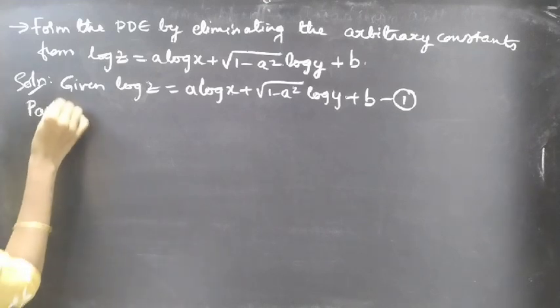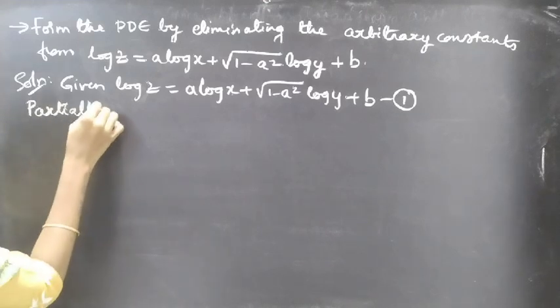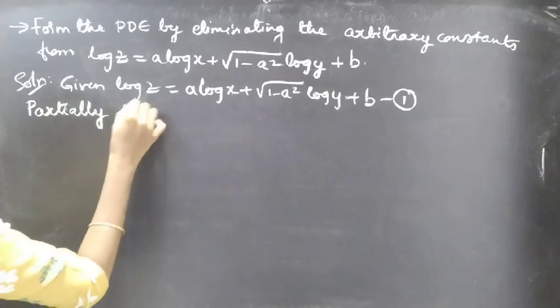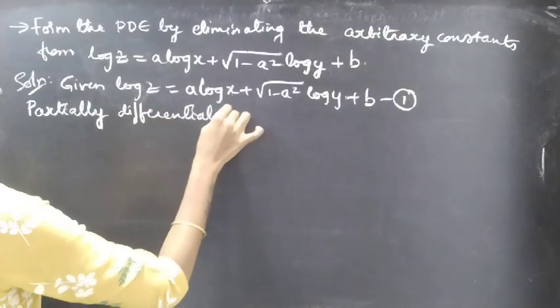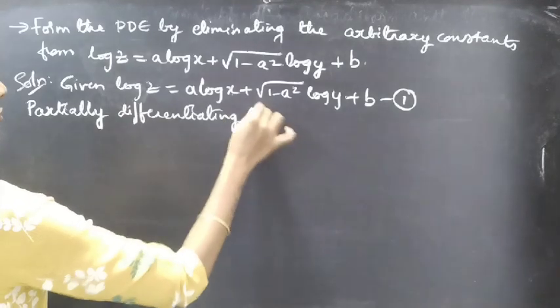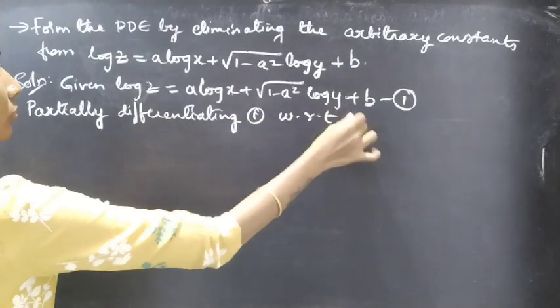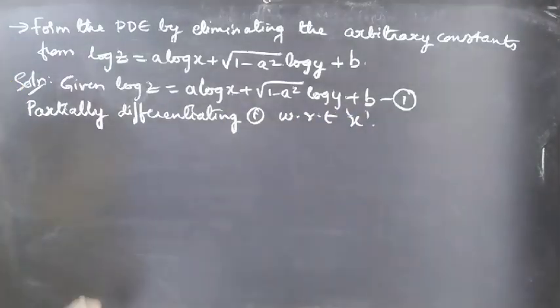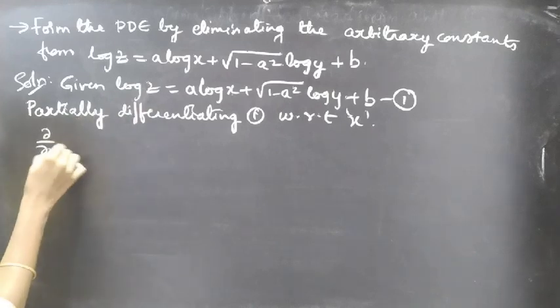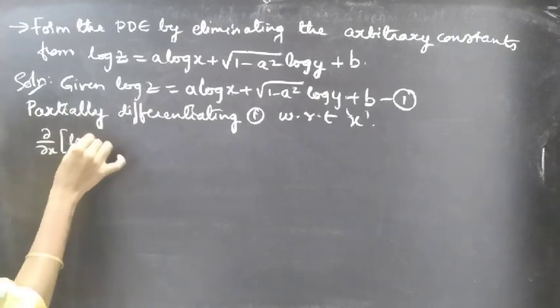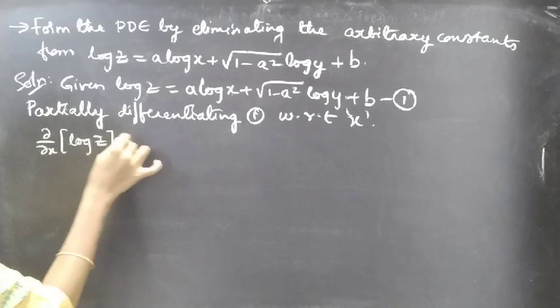Let's partially differentiate 1 with respect to x. Apply dou by dou x on both sides of 1.